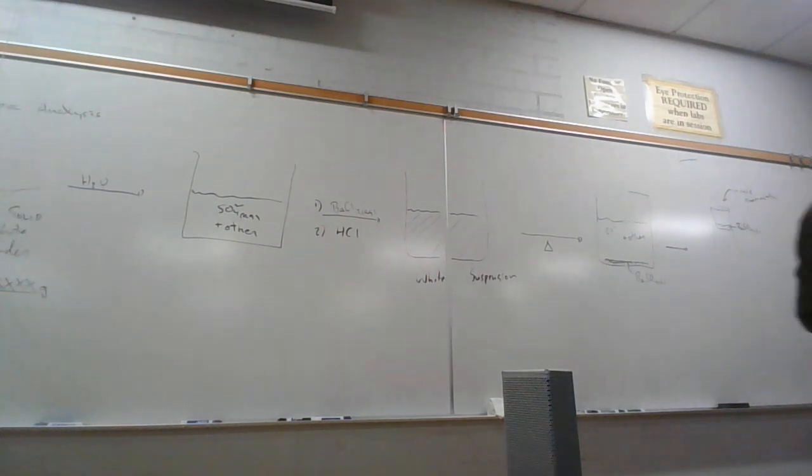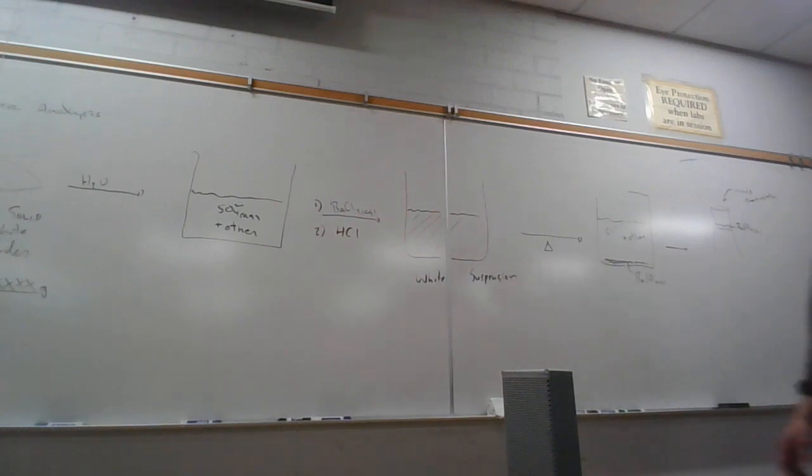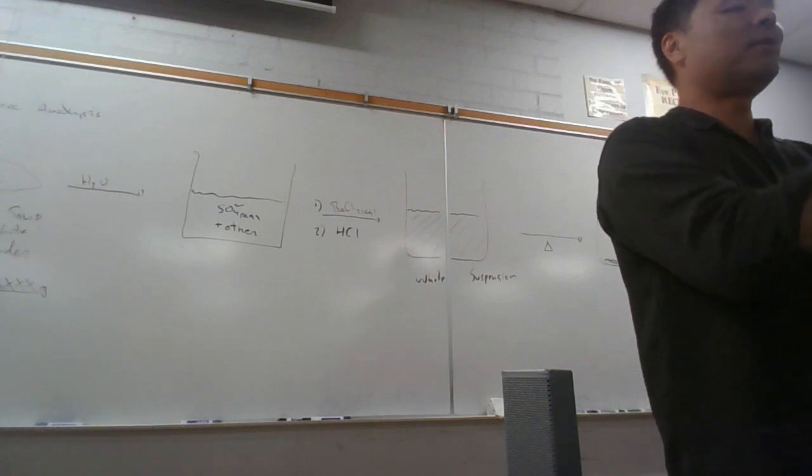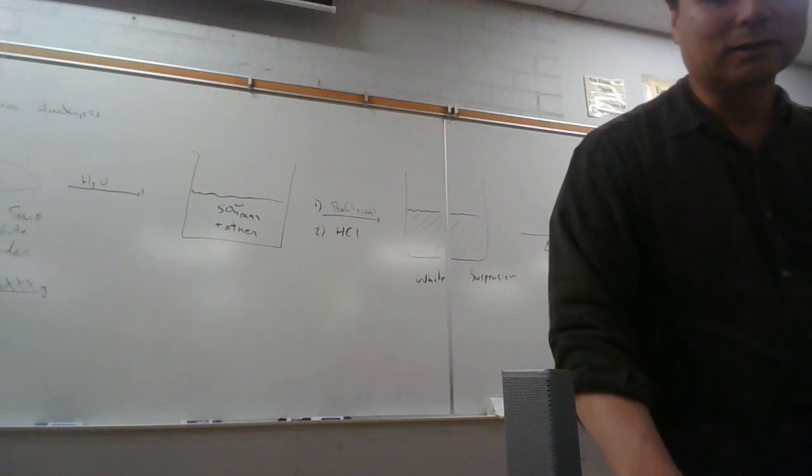Probably get a desiccator. And I think you'll need a ceramic plate. Do you have a ceramic plate? No. Oh yeah. Okay, bring a ceramic plate and a pair of tongs. And you're going to get your unknown sample in a beaker.